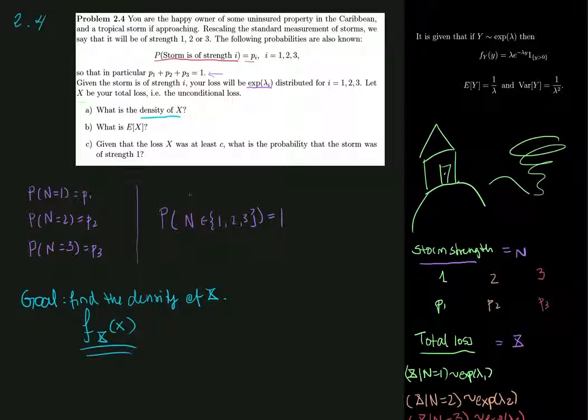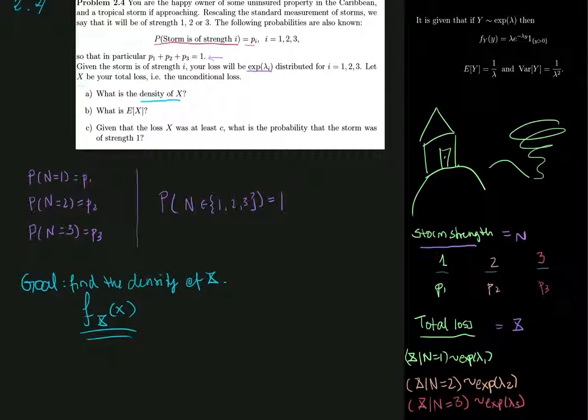Just before we go on to the next video where we talk about the solution of A, just a quick note. It's kind of funny to think about the fact that we're so sure that X indeed has a density, because it's not just given that X is continuous. But if we think a little bit about it, it kind of makes sense, because in all three cases of storm strength 1, 2, and 3 that we can encounter, X is continuously distributed, just with different parameters.